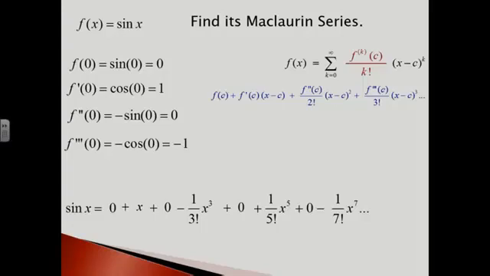This series can be written in compact form as sigma k from 0 to infinity of minus 1 to the power of k divided by (2k plus 1) factorial multiplied by x to the power of 2k plus 1.